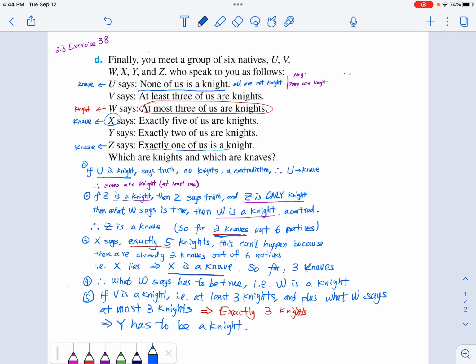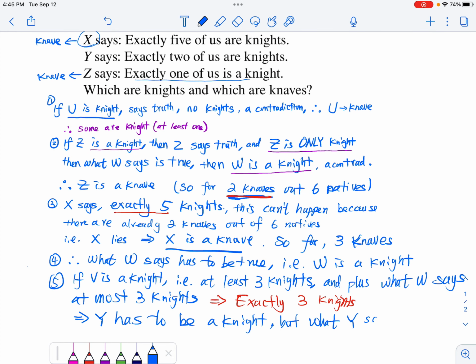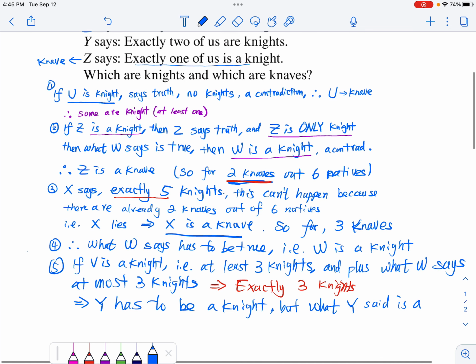Okay. Take a look at what Y says. Y says exactly 2 are knights. Therefore, Y cannot be a knight, because if Y is a knight, then what he says is true, which will contradict exactly 3 knights, right? So what Y said is a contradiction.